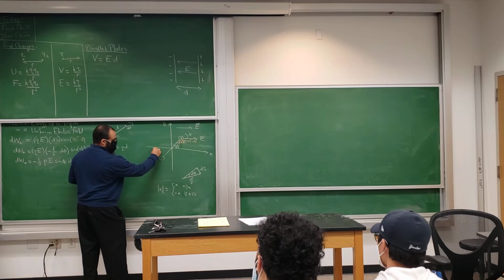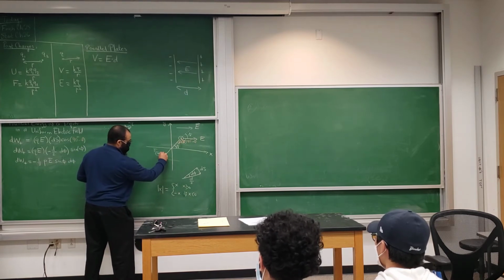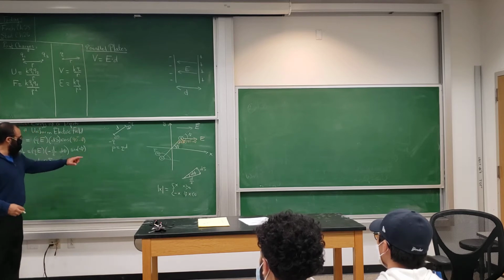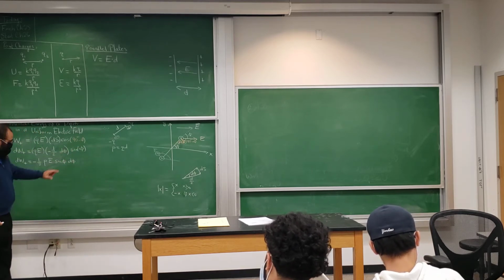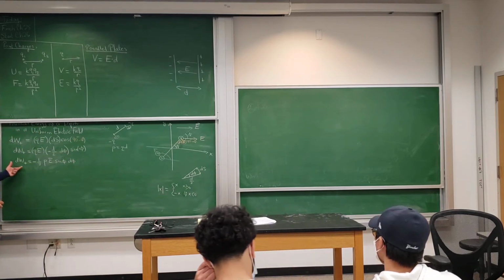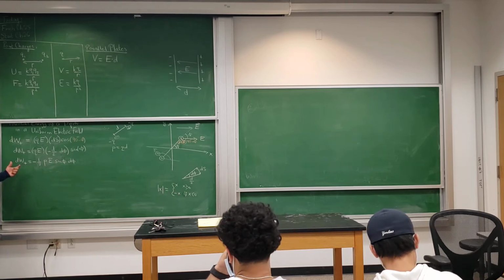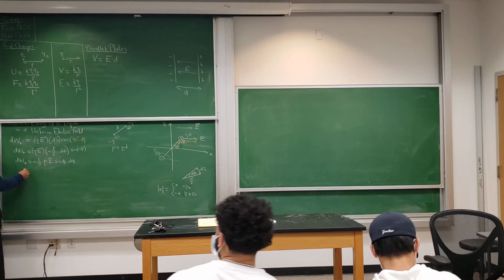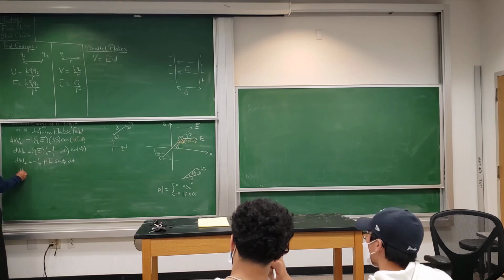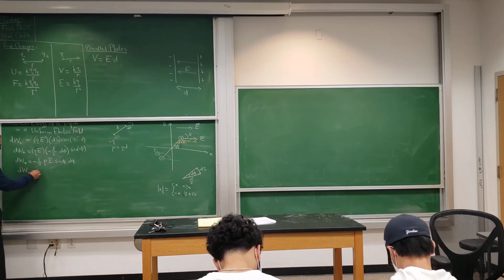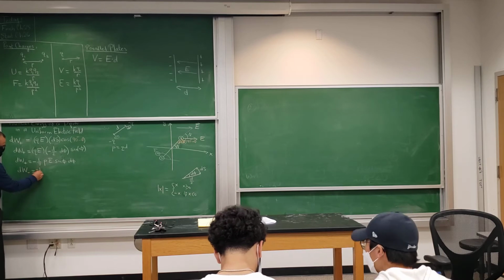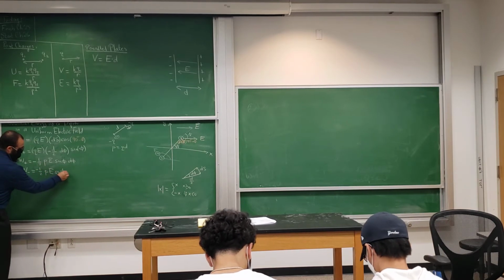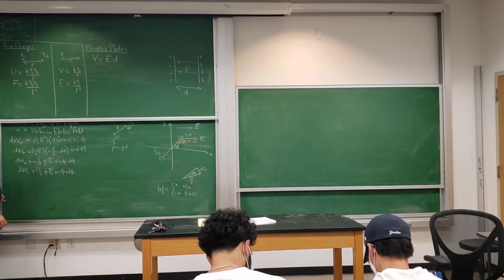The displacement is this way, the electric field is this way, so the angle is actually 90 plus phi. After some trigonometry, you will arrive at the fact that the work done on the minus charge, and I don't want to go over it because I will take too much time, so dW on the minus charge is also minus 1/2 PE sine phi d phi.